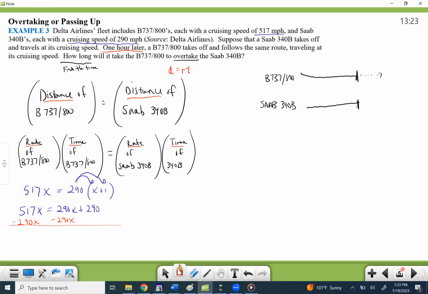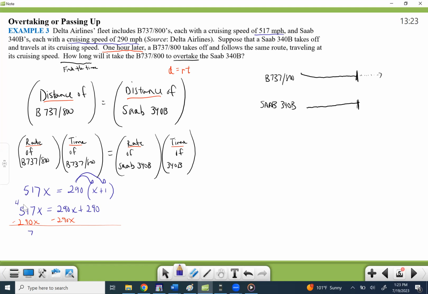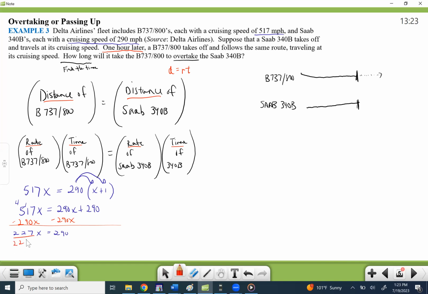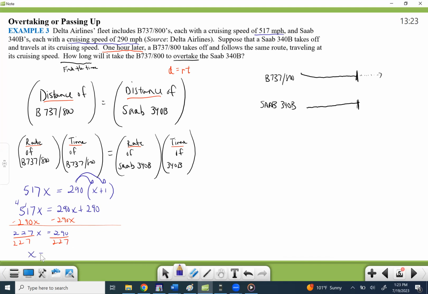And so that's going to get us 227x. Okay. And then we're going to go ahead and divide by 227. So we find out what x equals.